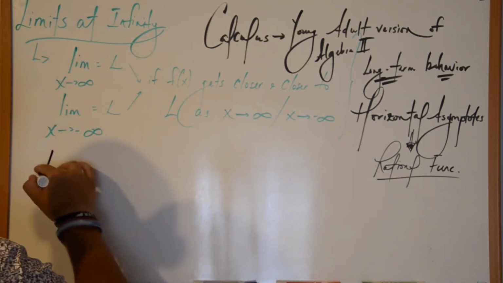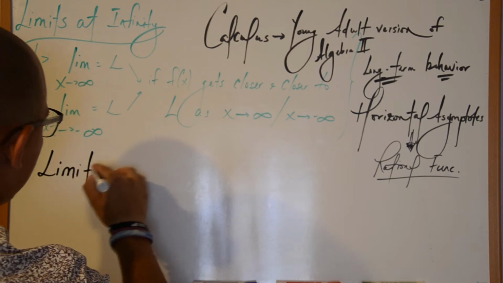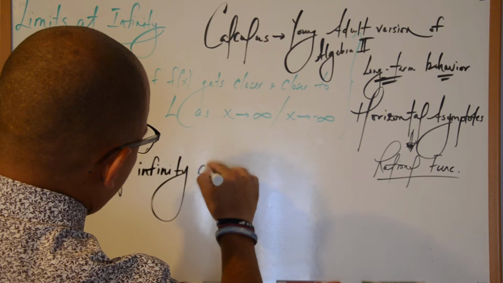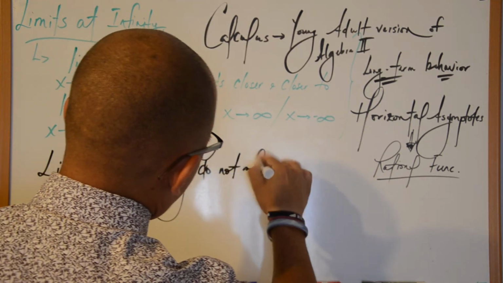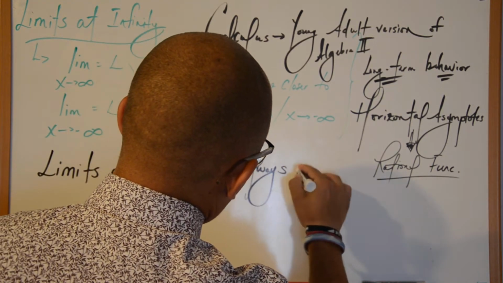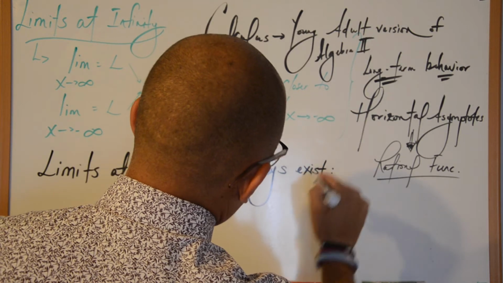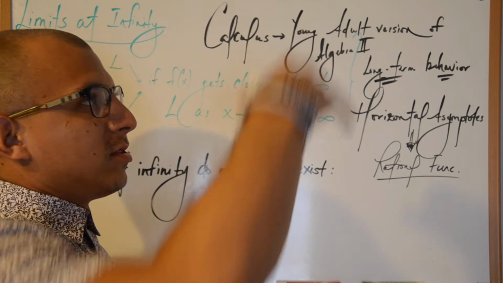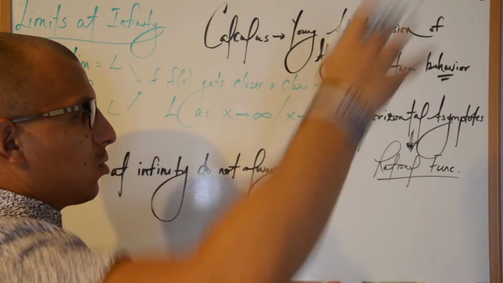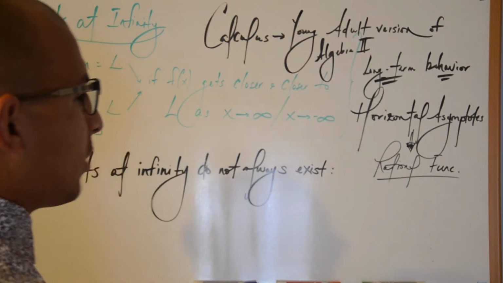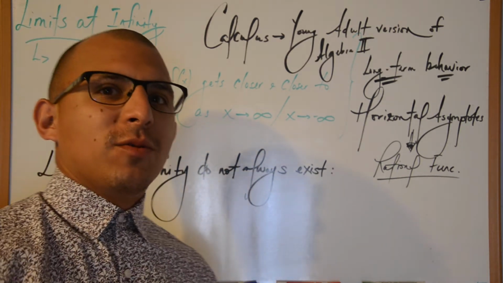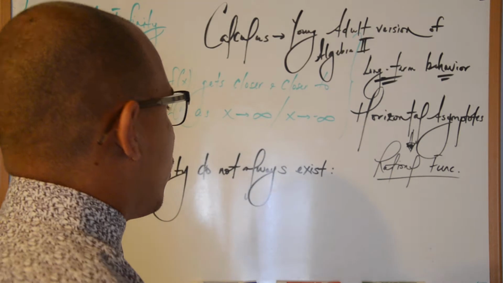Now, limits at infinity do not always exist. And what I mean by do not always exist, if the limit is infinite, it tends towards positive or negative infinity, yes, it technically does not exist, but some don't exist whatsoever. We can't even pinpoint where they are.